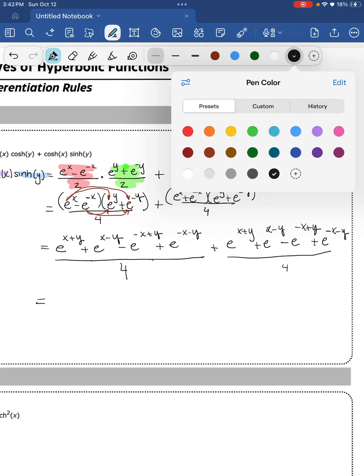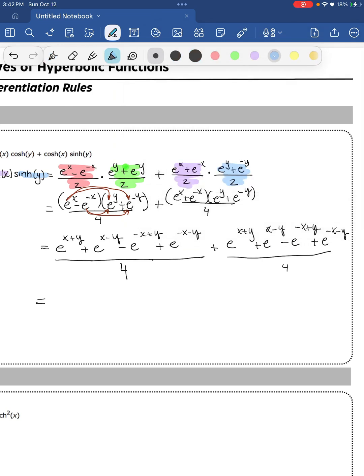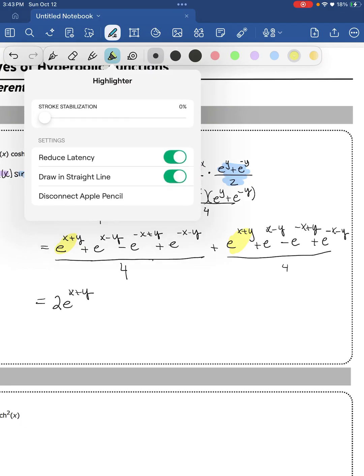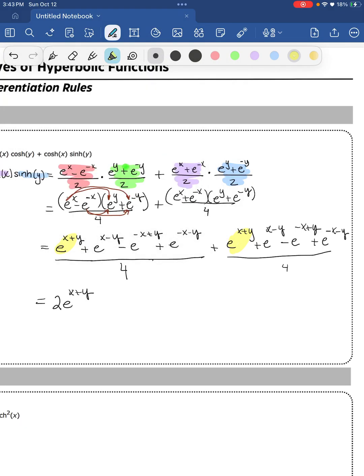But of course, it wouldn't be me if I didn't make a sign error. So this one here should definitely be negative, which would put this one to be negative. And then when we multiply through, we end up with e to the x plus y.